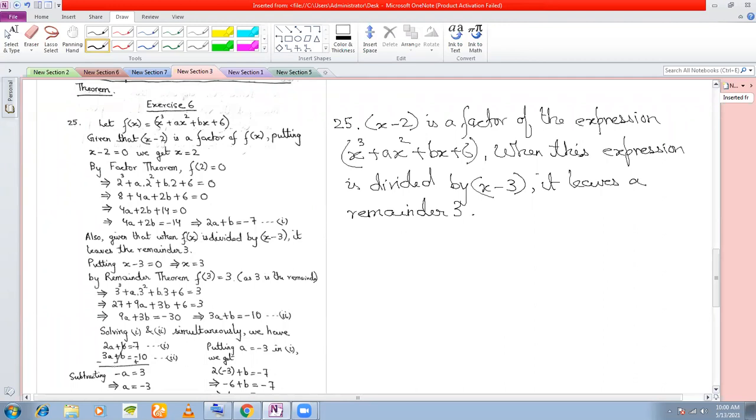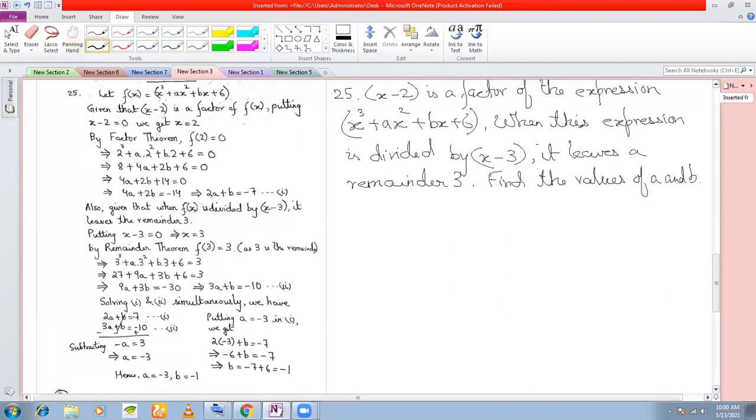Find the values of a and b. Okay, let us try this. First of all, we call the given polynomial f(x).